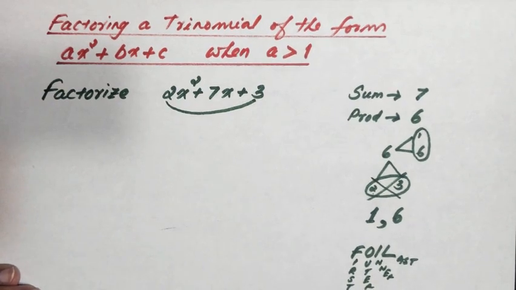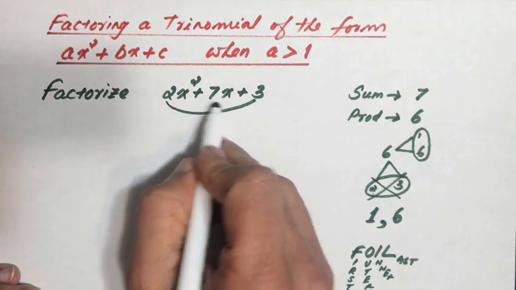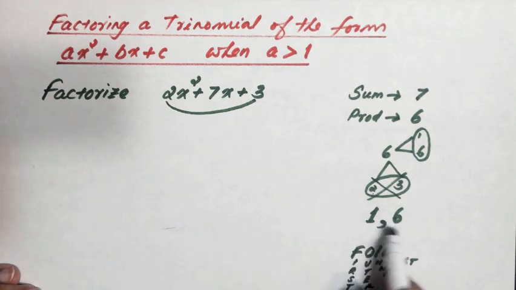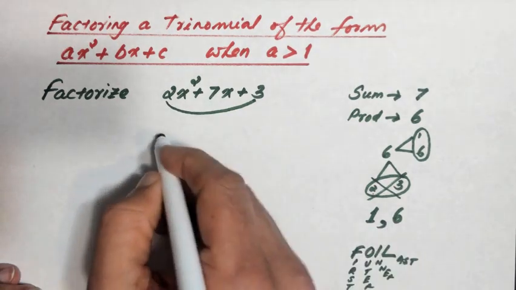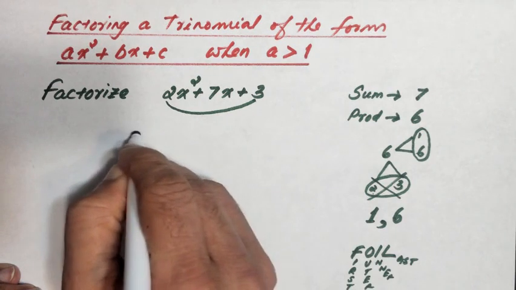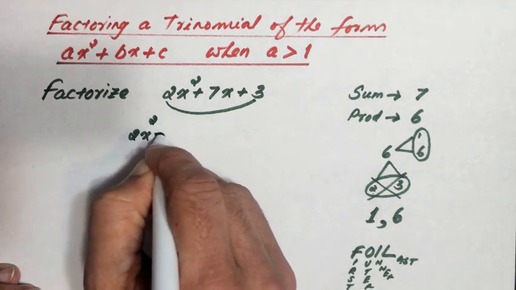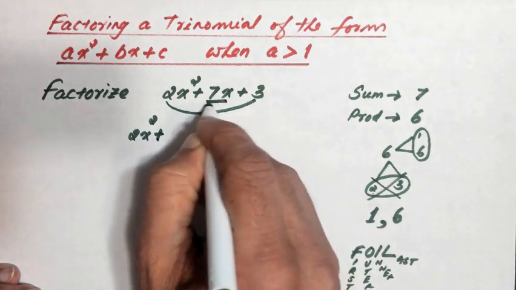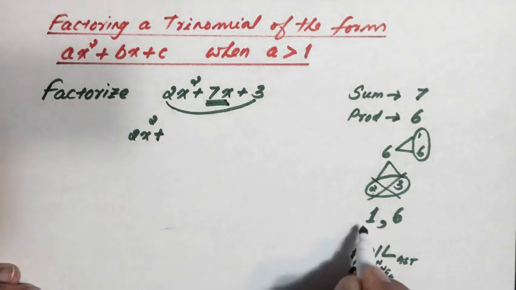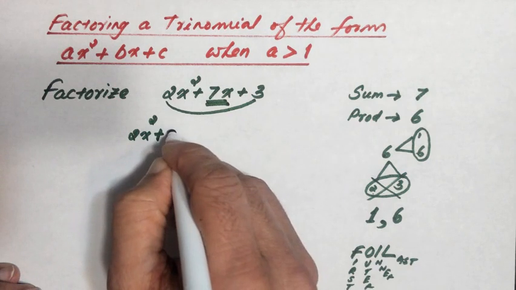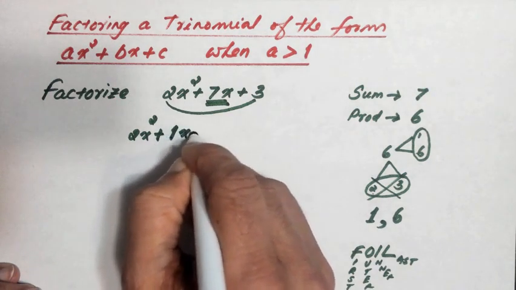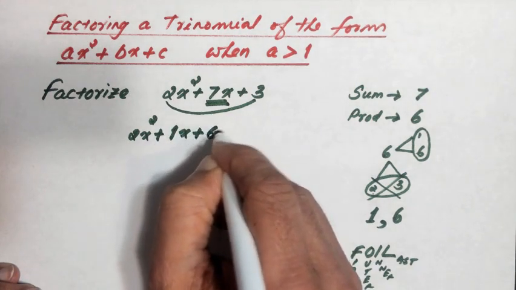Before you do that, you need to make sure you break the middle term using those two numbers. So let's rewrite the original expression: 2x squared, plus the 7x is going to be rewritten using those two values, which is 1x plus 6x.